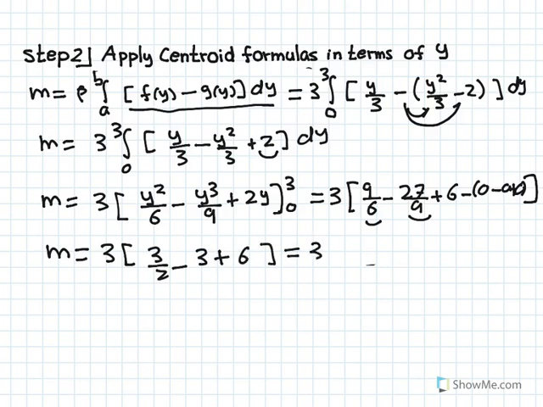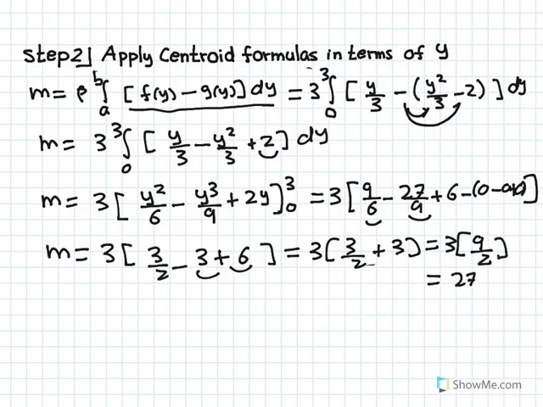This is equal to 3 times 3 halves, 6 minus 3 is plus 3. So we have 3 times 3 plus 3 over 2, which is simply 9 over 2. And we get 27 over 2. All right, so the mass of this region is 27 over 2. If we decimalize that, we get 13.5.